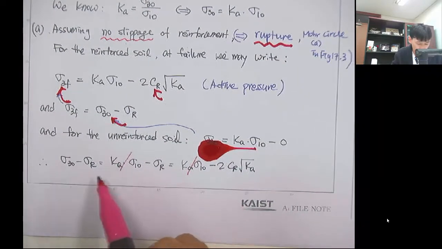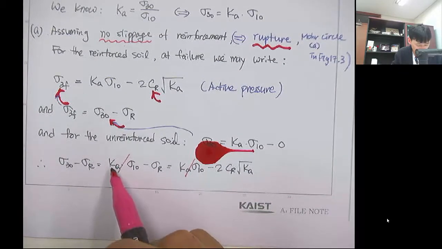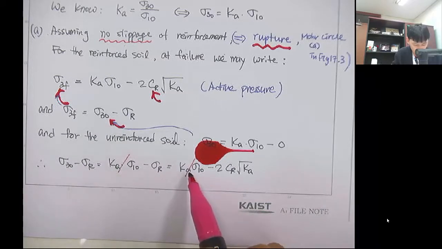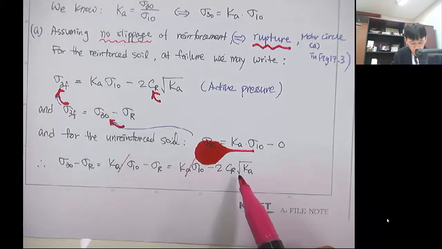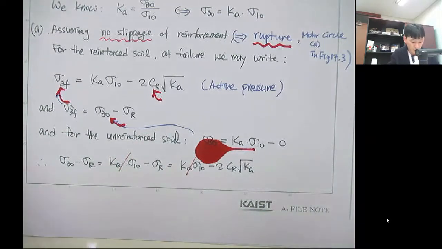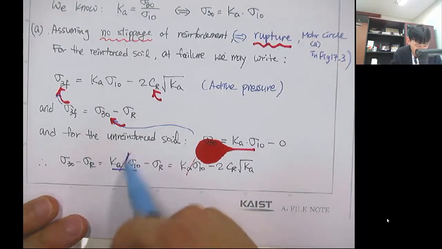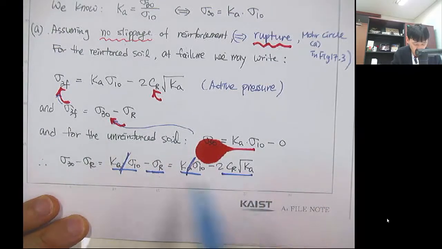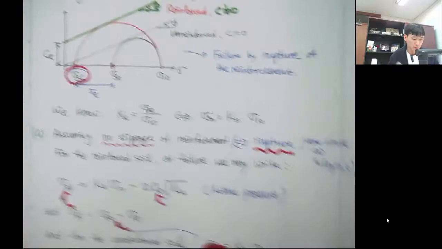By inserting this equation here, the equation becomes Ka times sigma 1 naught minus sigma r equals Ka times sigma 1 naught minus 2Cr square root of Ka. So this term will just cancel out, so that you have only this and this remaining.